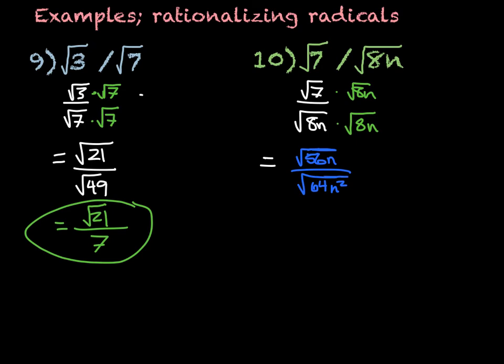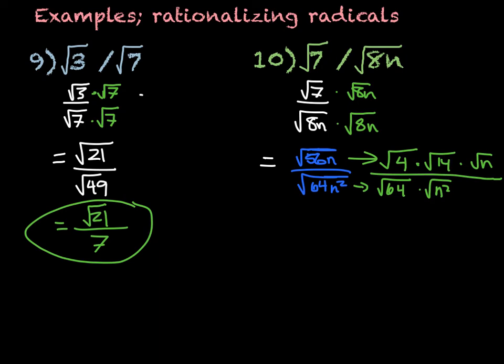Okay, so now when I simplify this, I have the square root of 4 times the square root of 14 times the square root of n. And then in the denominator, the square root of 64 times the square root of n squared.